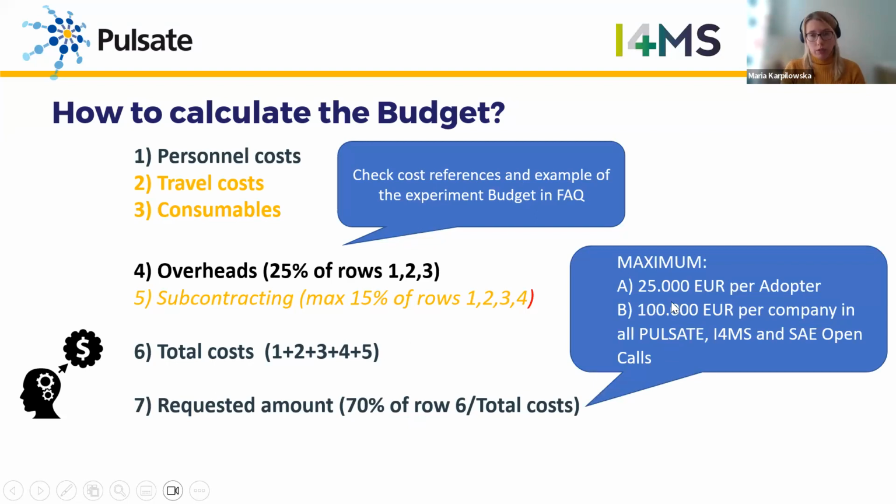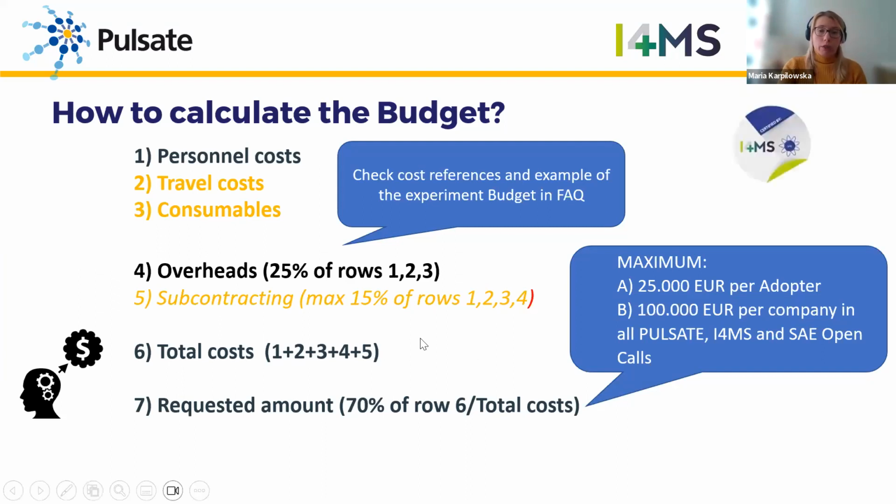Of course the funding limits are, as we said before, up to 25,000 euro and up to 100,000 euro if you have received some funding previously from Pulsate, IFRMS, other IFRMS projects, or SAE open calls.